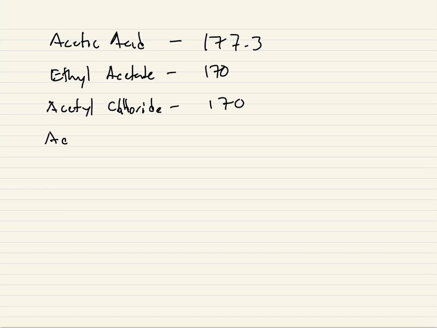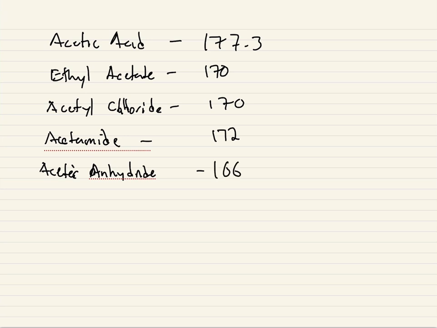Acetamide is going to be around 172. Acetic anhydride is going to be around 166.